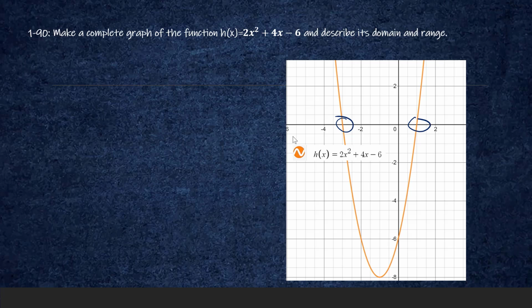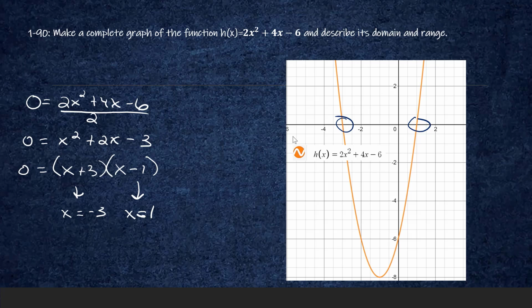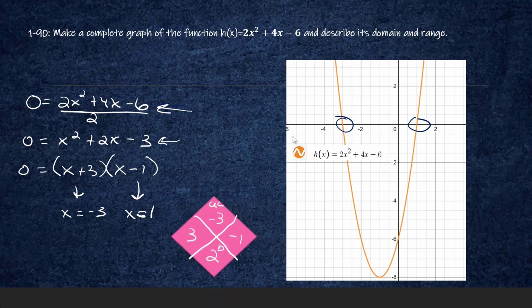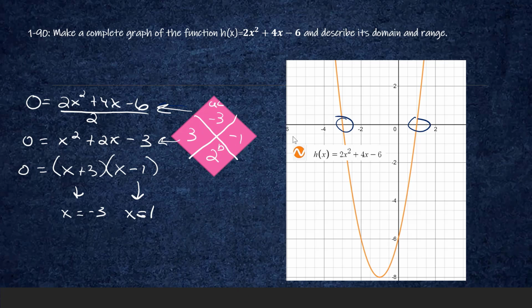And if you're somebody who needs practice at factoring, take a look at my equation here. The first thing I did was, because all the coefficients are divisible by 2, I divided by 2, which makes it so that my leading coefficient is 1, which is way easier to factor than if it would have been 2. And then I've got the diamond method here. So my A equals 1, B equals 2, and C equals -3.